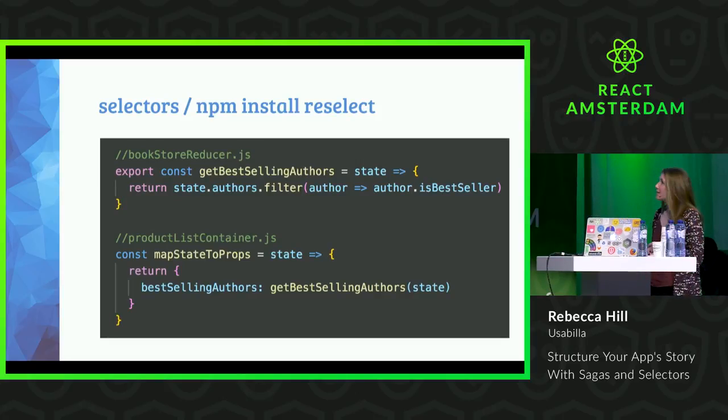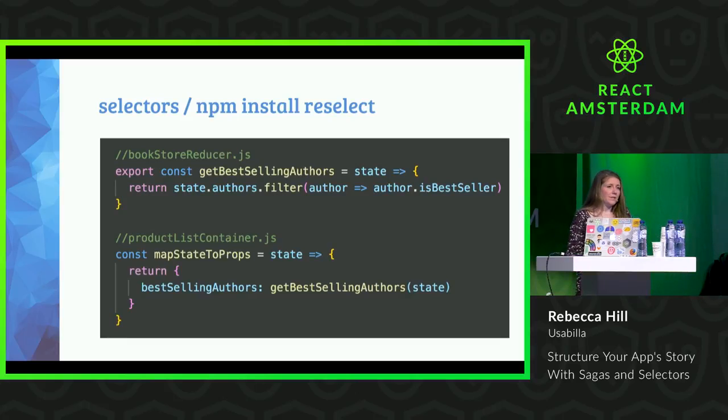And then in our product list container, we use the selector in the Redux map state to props function. In this simple form, our selector is really just a nice utility function with the convention that it accepts a state object and returns the derived data. This means it's really easy to work with, and it can be used in any place that knows about the Redux state. For instance, map state to props, and in middleware functions.